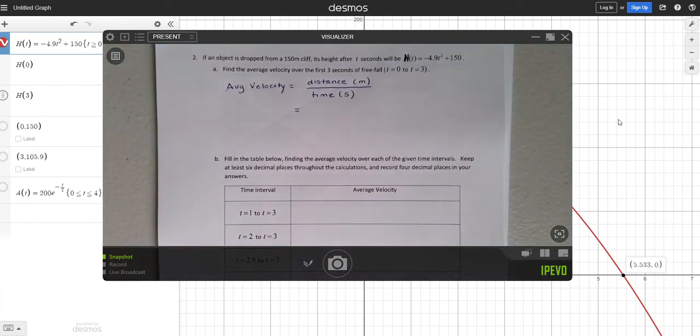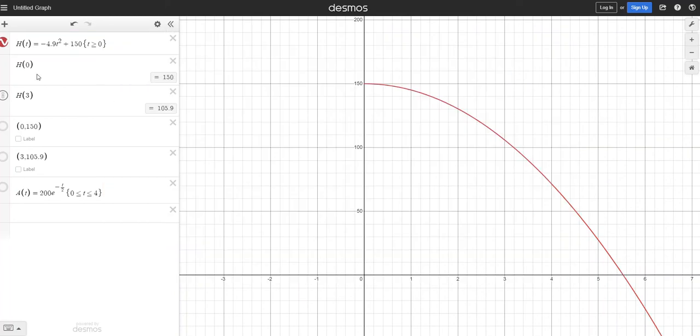Now to calculate the distance, I'm going to need to calculate the difference between where it started and where it ended, right? Back to here for just a second. At h of 0, we're at 150, and I can actually plot and label that point on the graph. So here we are at the beginning, at the point when time is 0, height is 150. And then I also did h of 3 here. That was 105.9.